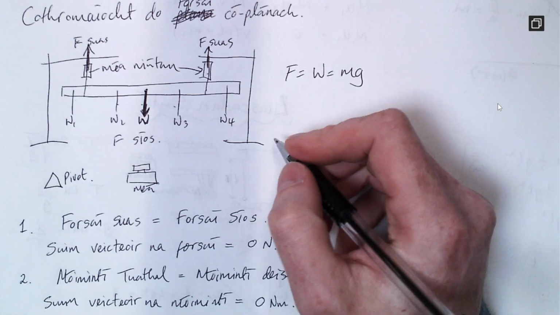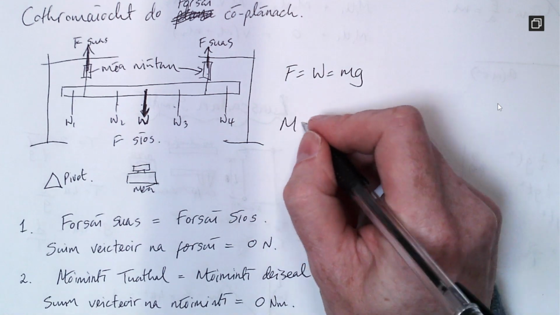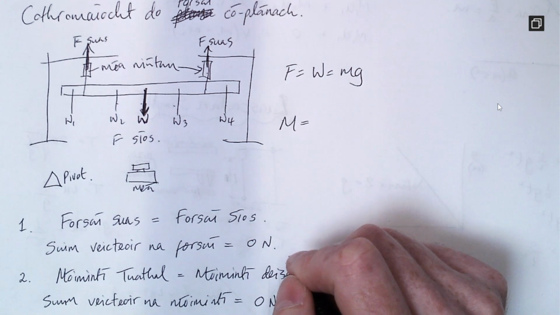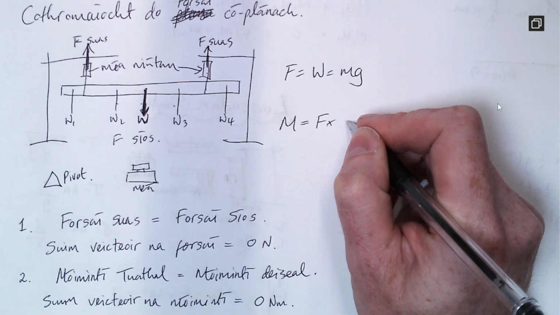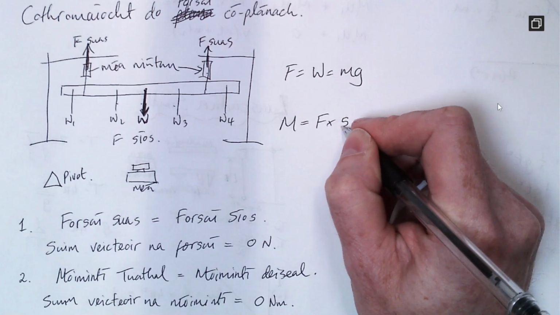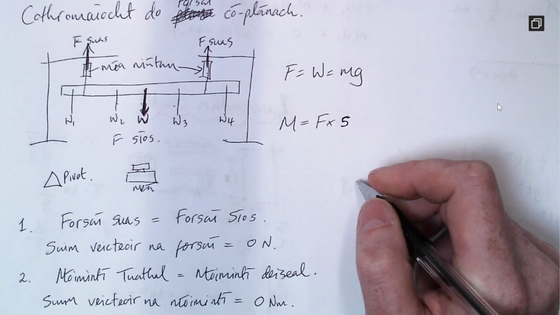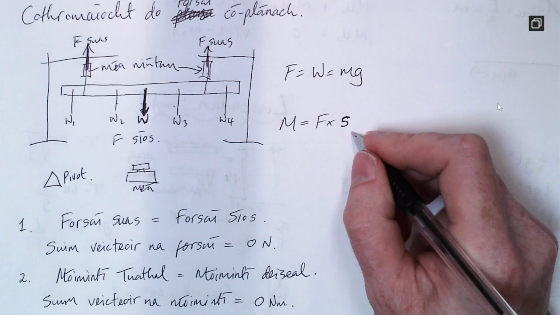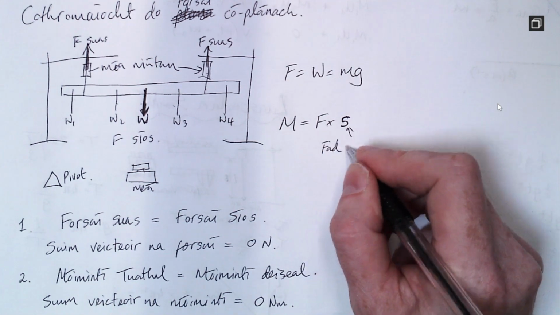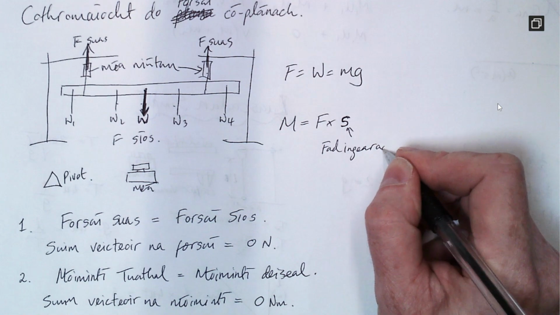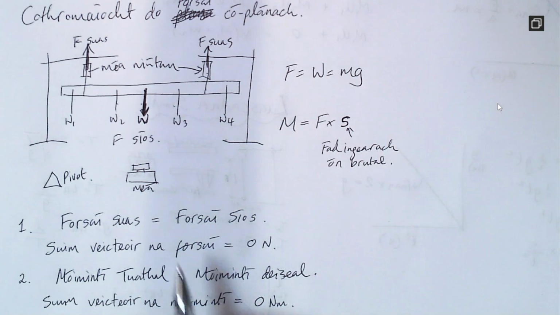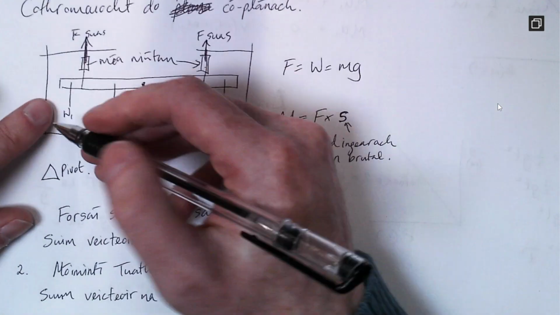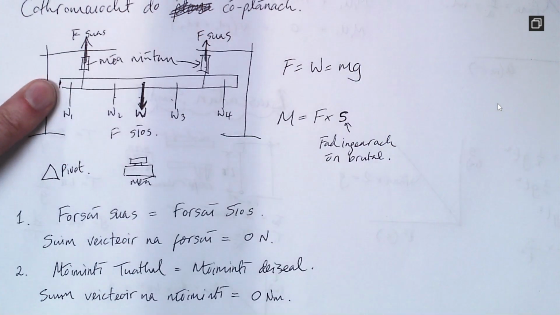Okay, the formula for the moment: the moment equals force times distance, F sin theta times the distance from the pivot. Whichever point you take as the center point, the moment there is 0.